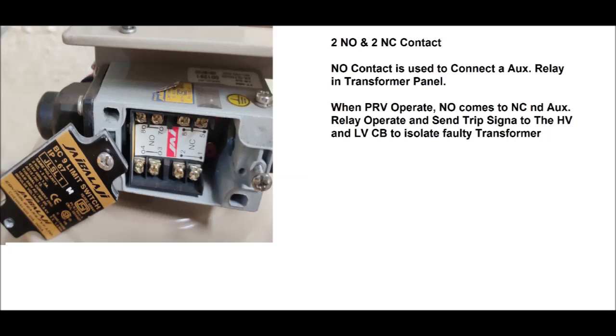One cable is connected to positive DC, and the other is connected to one of the terminals of the auxiliary coil of the relay. And when this relay operates, then the auxiliary relay connected with this terminal of the NO contact will actuate, and this will send a trip signal to the circuit breaker to isolate the faulty transformer from the system.